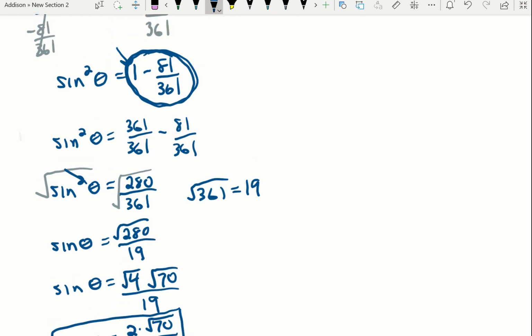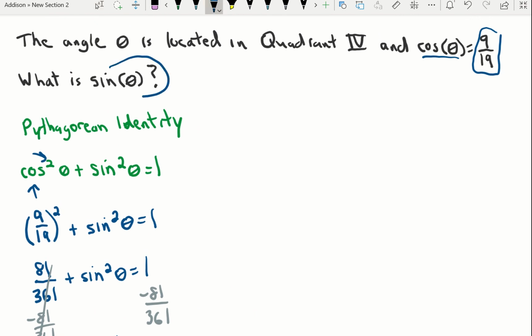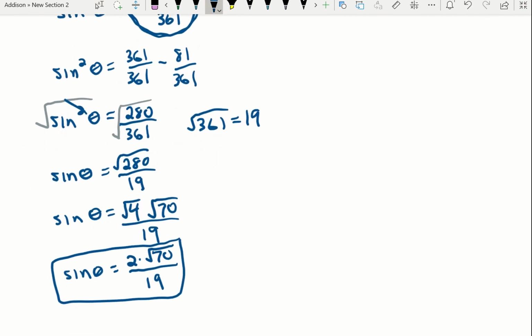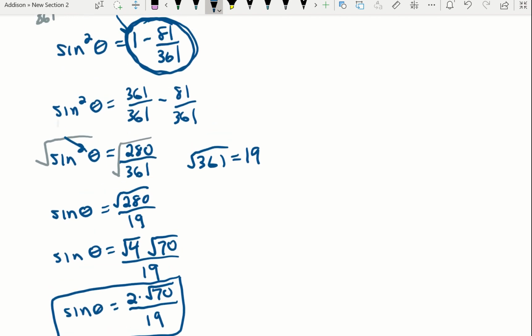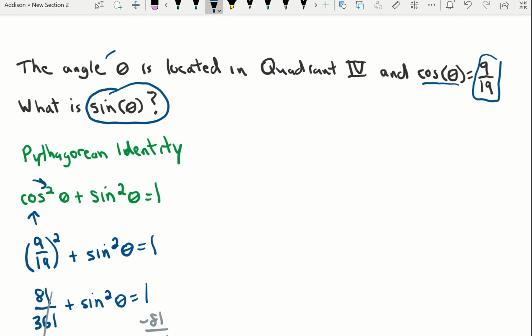And that's what we're looking for, right? The question says all the way up here, what is sine of theta equal to? And we said that that was going to be 2 times the square root of 70 over 19. That's what sine of theta is. But there's one more thing that you have to do. The problem said up here that the angle theta is located in the 4th quadrant.